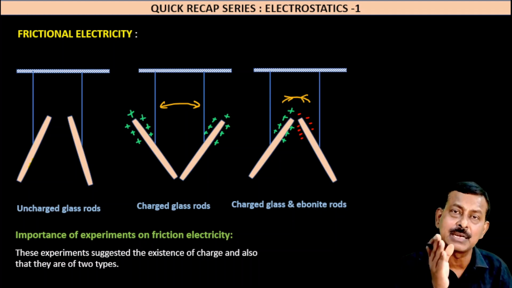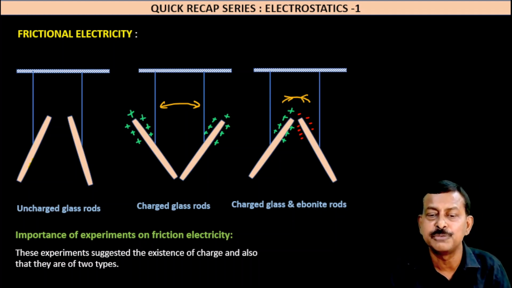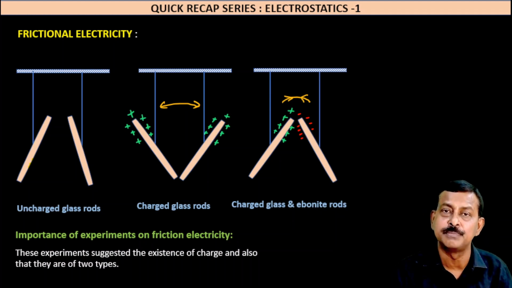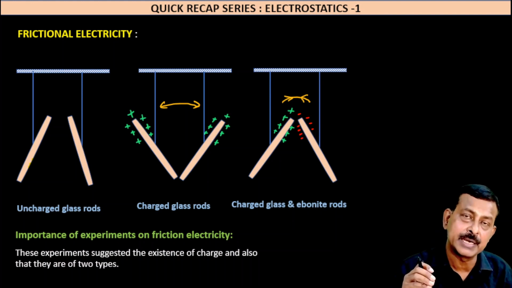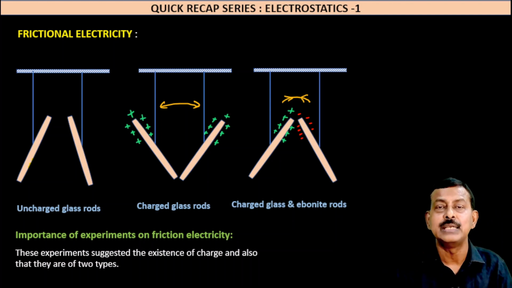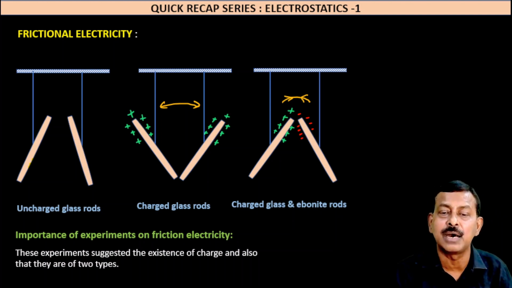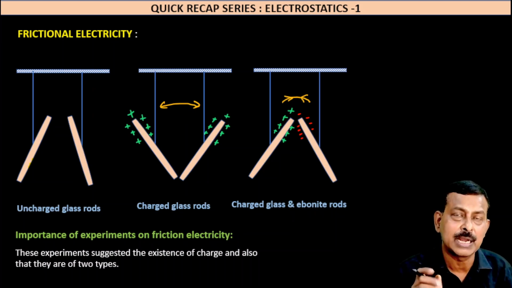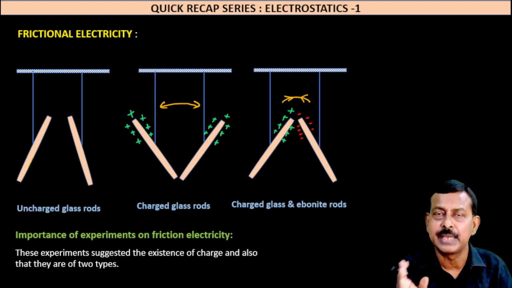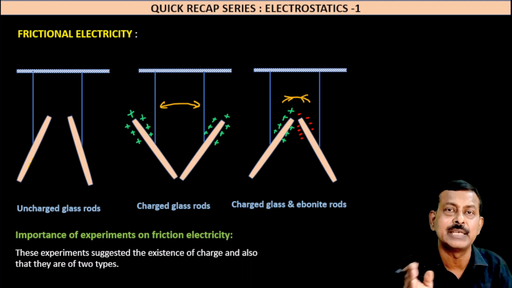But when we take a glass rod and an ebonite rod, with one end of the glass rod rubbed with silk and one end of the ebonite rod rubbed with fur, there is attraction between the two. And if they happen to touch one another, after touching they can lie in any orientation or they slightly repel one another.